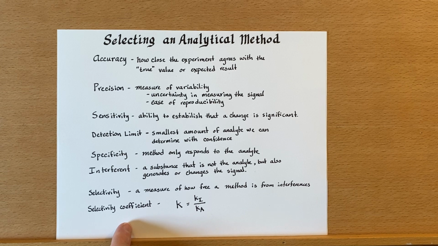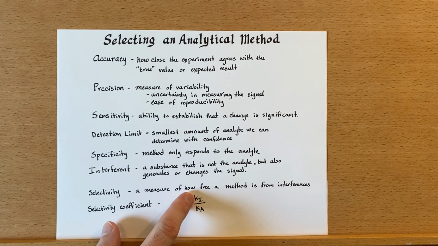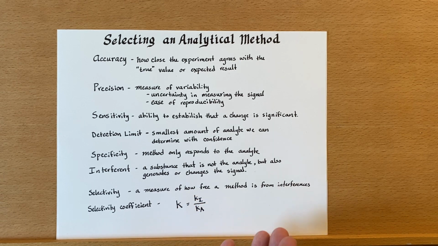And of course, we can measure how selective a method is using the selectivity coefficient, which is just the response factor for the interferent divided by the response factor for the analyte. And again, these are just really the slopes. When I was discussing the types of techniques, remember it was the signal equals some constant times the thing that we're measuring, the concentration or the number of grams, whatever it is.